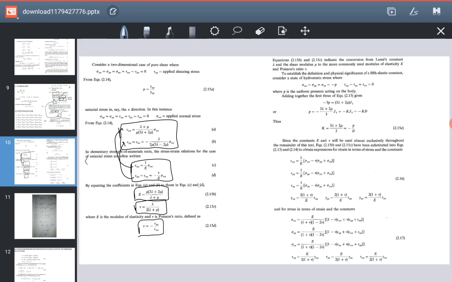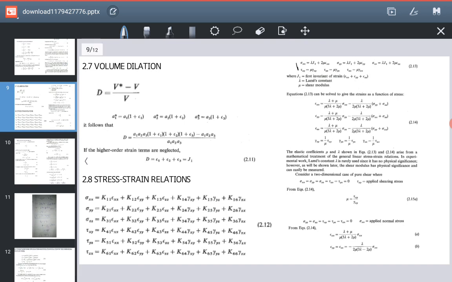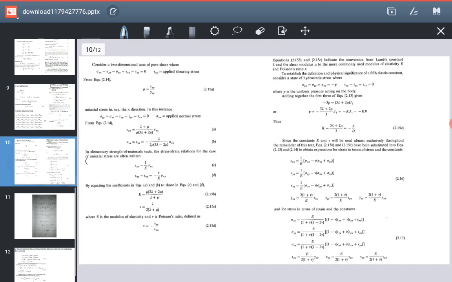Now I'm going to consider another special case in which all normal stresses are equal to the hydrostatic stress and shear stress is equal to 0. In this condition, if I plug these values into equation 2.13, I will get this.